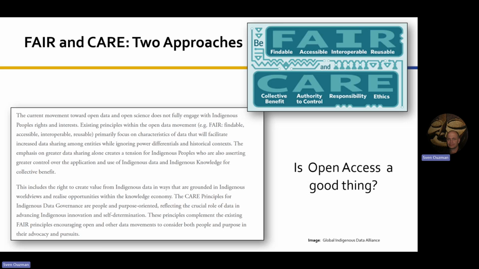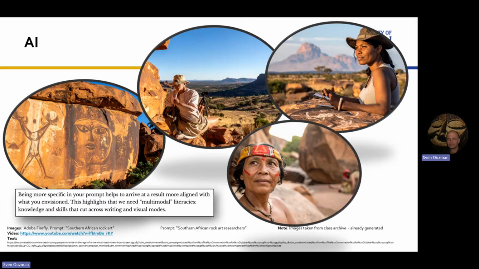Although authority to control, the A part of CARE, should be very clearly stipulated, and that includes a right to veto work, for example. And with that comes a duty of care or responsibility, and ethics come into play, which will vary from case to case. So it's grounding those large, free-floating, scientific, Western neoliberal values in the FAIR principles into something that's more of a care kind of grounding in a local circumstance. And together they can actually work quite well, although it takes willingness on both sides for this to happen.